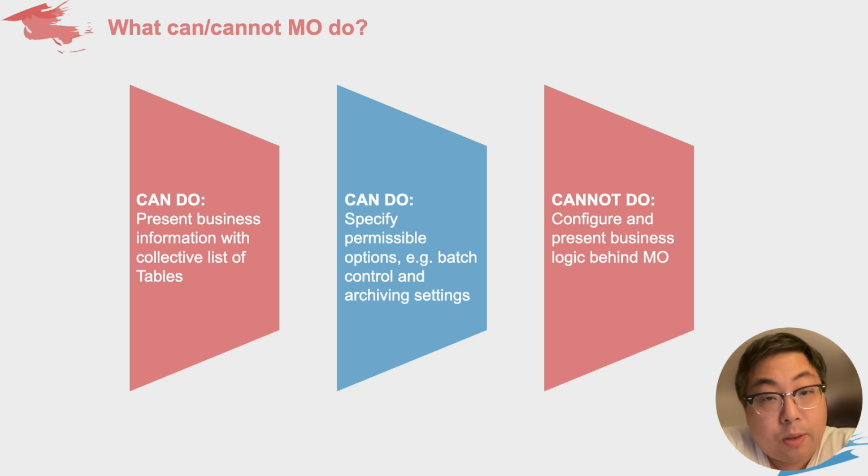And what it cannot do, it cannot be configured and present the business logic behind an MO. Now, that's not 100% true, but it's also true. So you can define, let's say, the rules, for example, the auditing. So when we define auditing for the maintenance object, if let's say a person record has changed, then you want to send an update to an external system for synchronization, let's say.